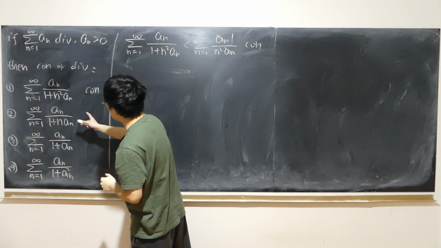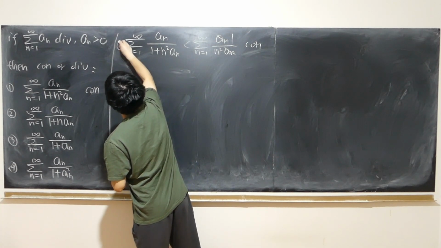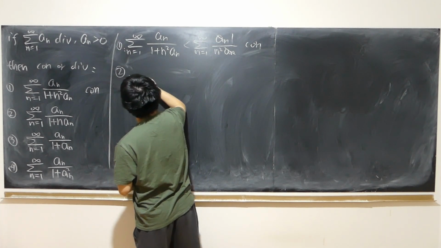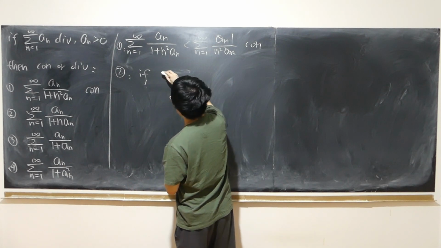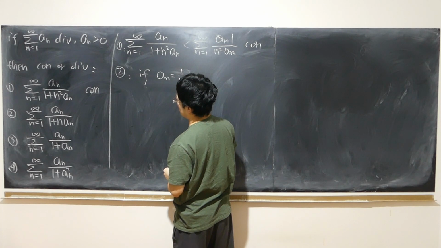But for number two, I say it depends. It depends. If a_n is equal to, for example, 1 over n, what's going to happen?